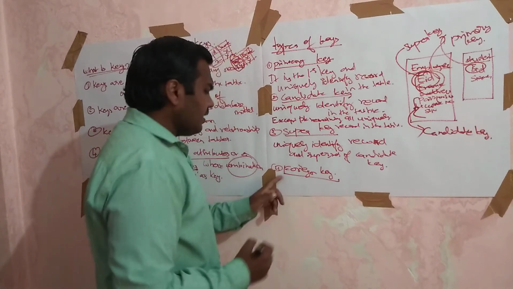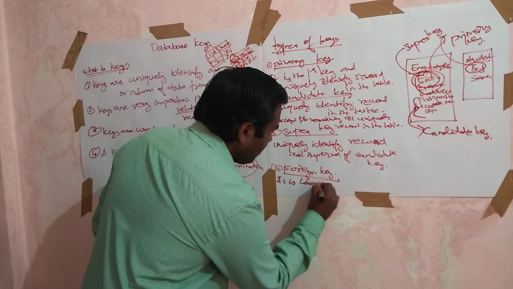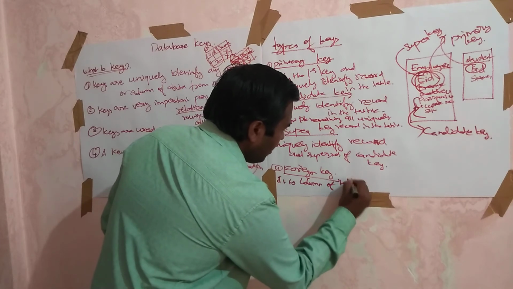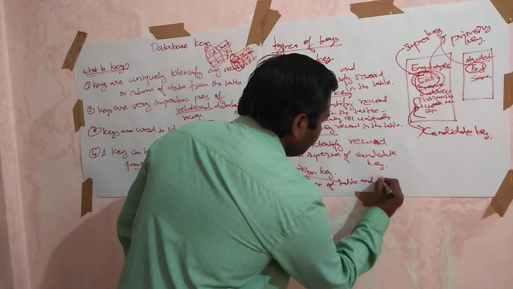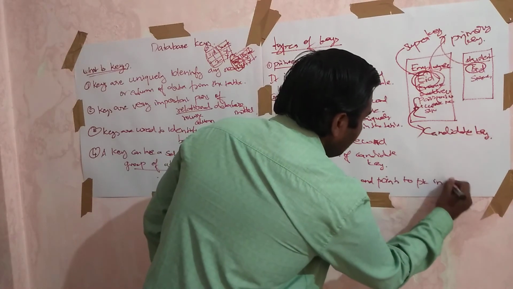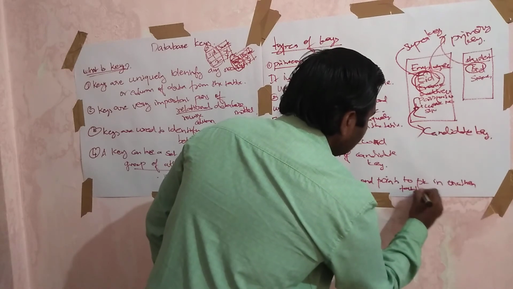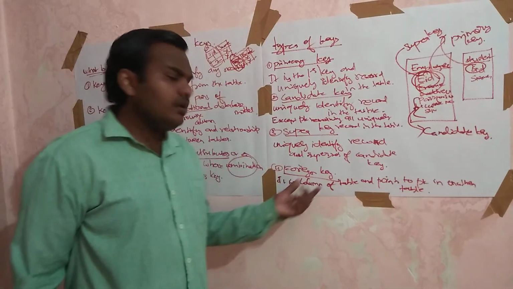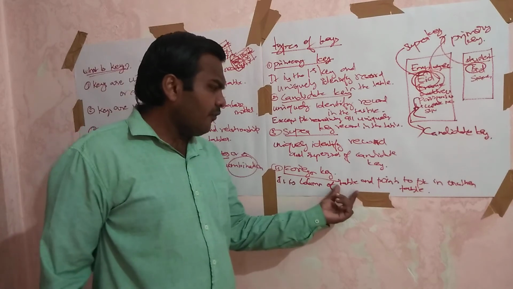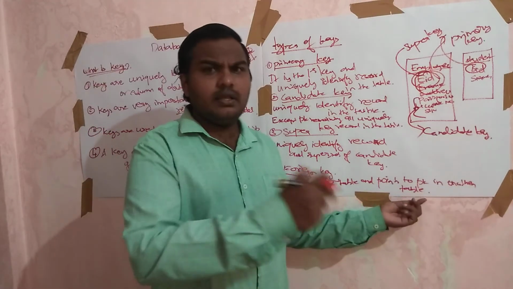A foreign key is a column of a table that points to the primary key in another table. So this is the logic of the foreign key. It is one column in the table and it points to the primary key in another table.